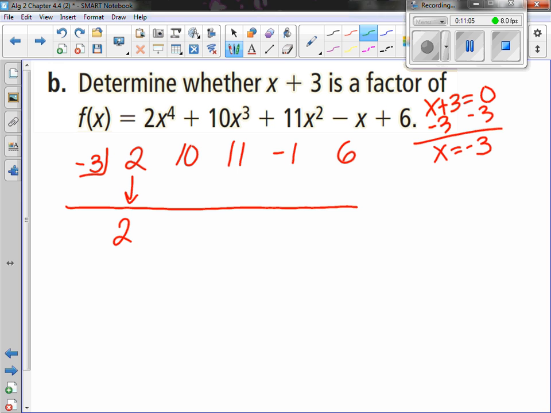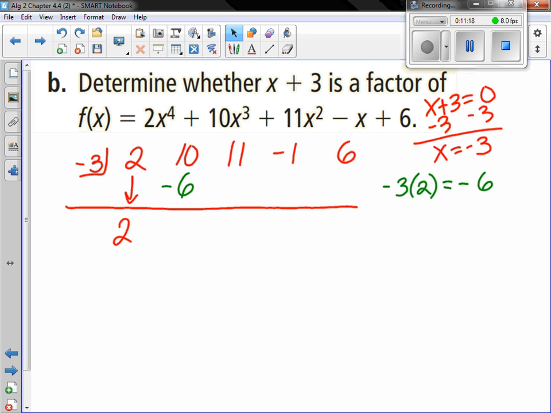Now, I really haven't been writing out our multiplication steps, but our first one would be negative 3 times 2, which would be negative 6. And we put it under the 10. And we have 10 plus negative 6, which would be 4.